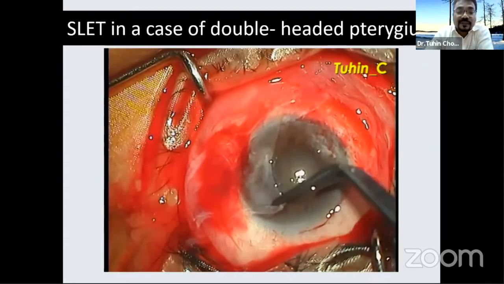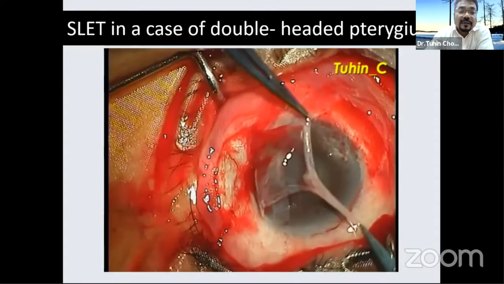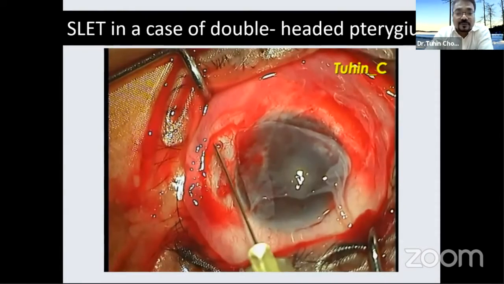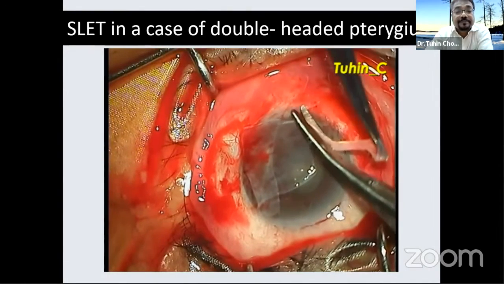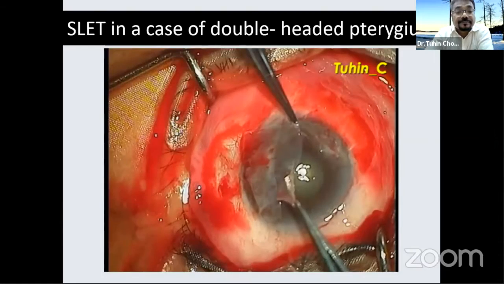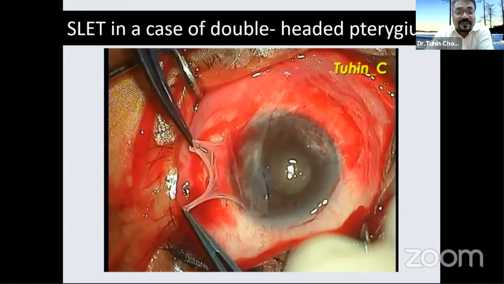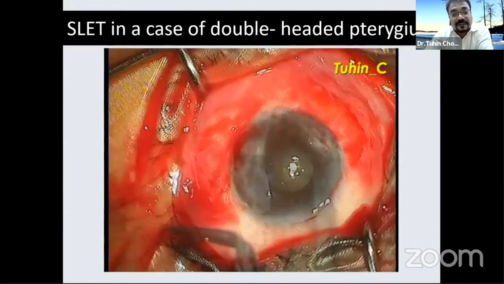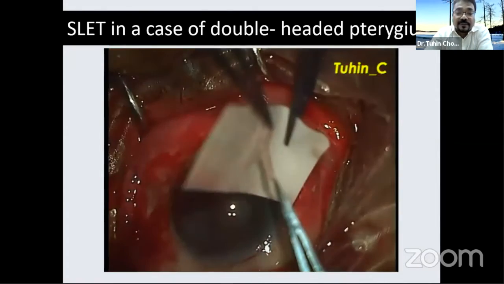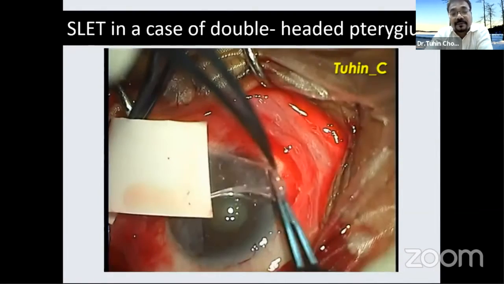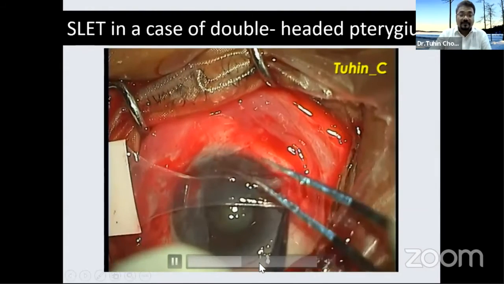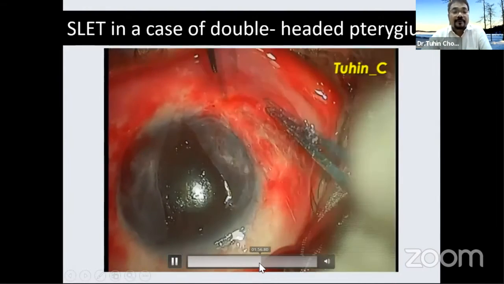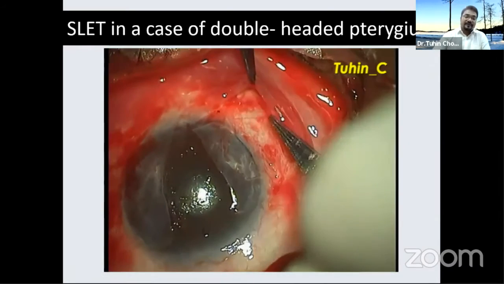Then over the corneal side we glue it, and in the bare sclera also we put glue and then fix the membrane. So the amniotic membrane is fixated and tucked into the underlying conjunctiva. The same way on the opposite side also it is done. So now amniotic membrane transplantation is completed.